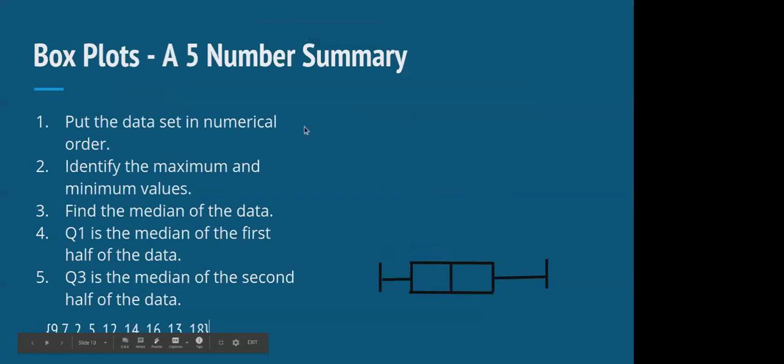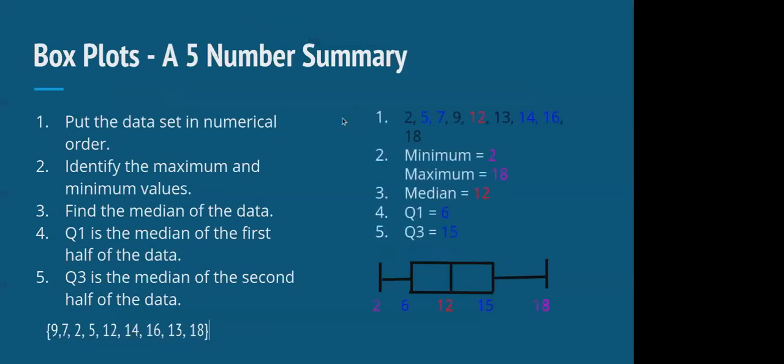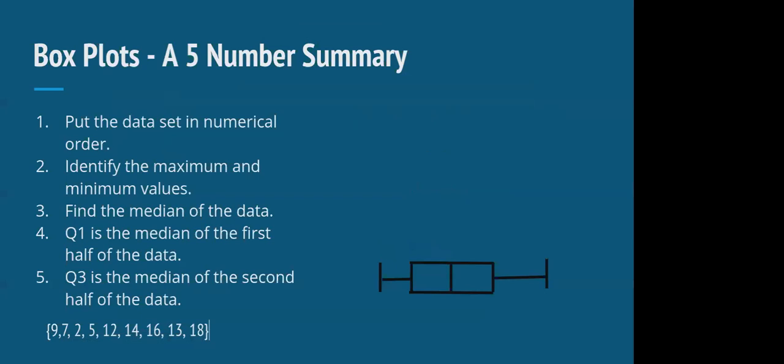So a box plot is a 5-number summary of your data. And there are steps to this that make it a little easier. So first, you put the data set into numerical order. Then you identify the maximum and minimum values of the data set.